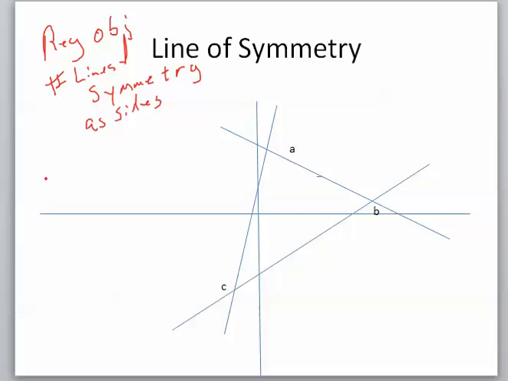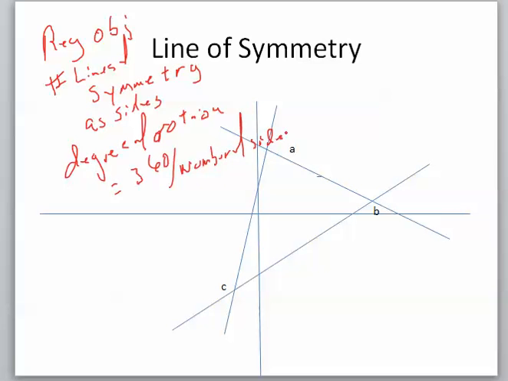It also has a degree of rotation equal to 360 divided by the number of sides. And it's really easy to figure these things out. So if I'm looking at a square, it is a regular quadrilateral. That means it has 4 lines of symmetry. And it takes 360 divided by 4, or 90 degrees of rotation, to make it line up on top of itself.